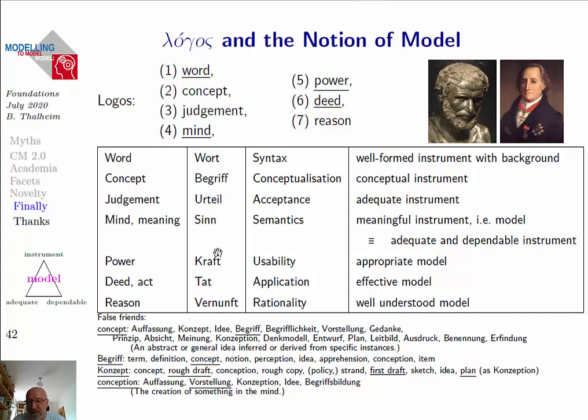I am using the German column here as well because we have some false friends. We have concept in English, that is in German Begriff. And the Begriff is the concept. A concept in German language is nothing else than a draft, a rough or first draft.